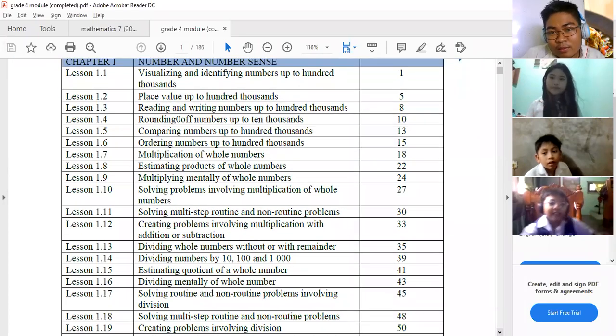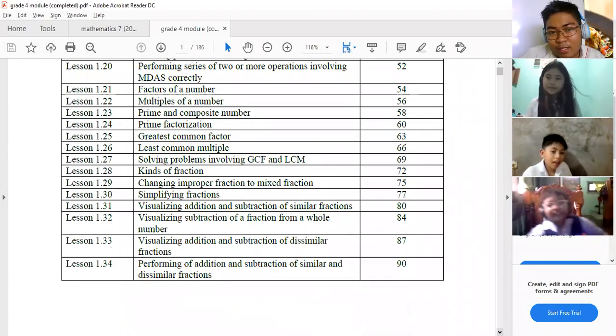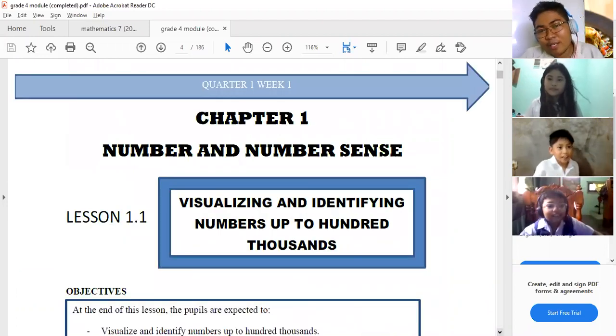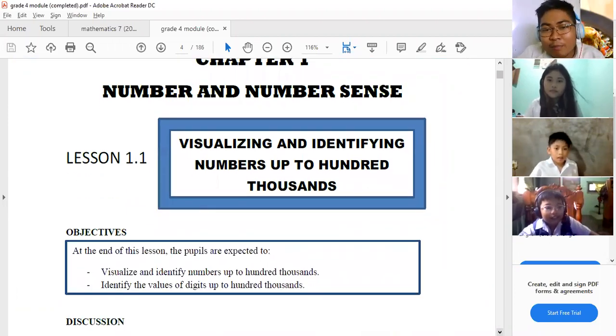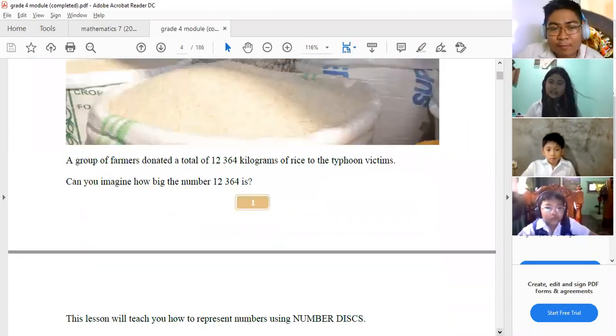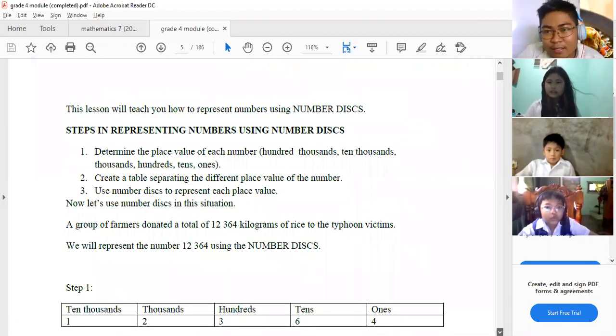While waiting for the others, let's have a short recap on our discussions. Last week, our first week's lesson, was visualizing and identifying numbers up to 100,000. We're already done with the number disk.